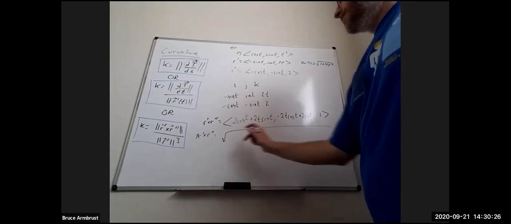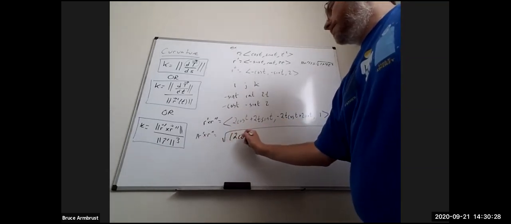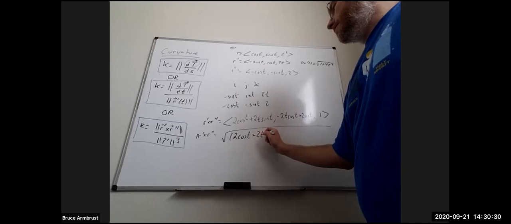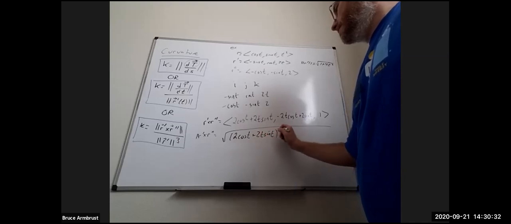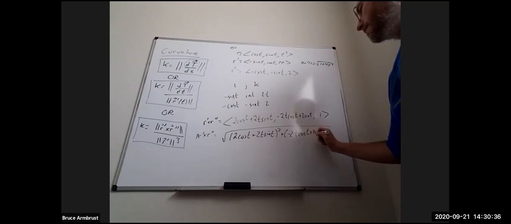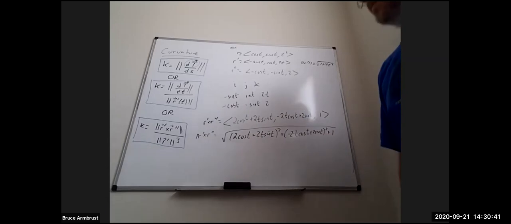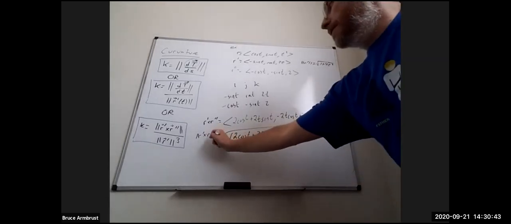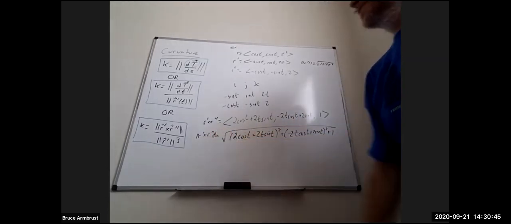Okay, well that's just the square root of all of this. Okay, so there's the magnitude of r prime cross r double prime.